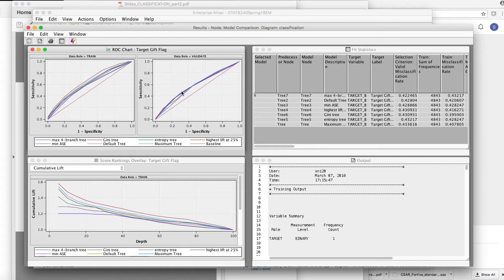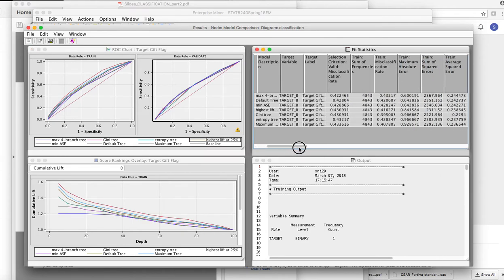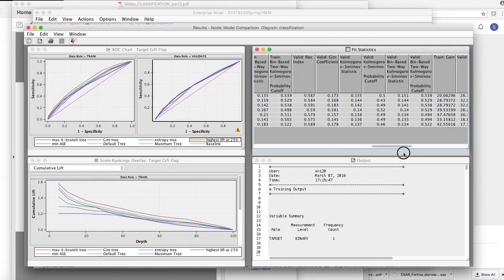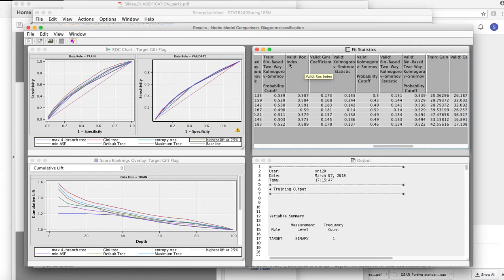If we look at the ROC for my validation data set, it looks like there are no differences among a lot of the tools, and a little bit bigger differences from this curve to here. And if we check my validation ROC index, sorted from the highest to the lowest, you see a lot of ROC values close to each other, and then there is a big jump.